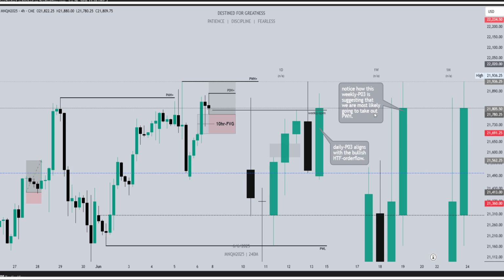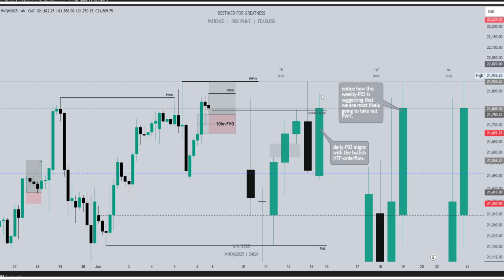And so now that I have an understanding that I'm bullish on the weekly order flow, I go onto the daily time frame and I notice that this daily candle here on Friday is pretty bullish, right?